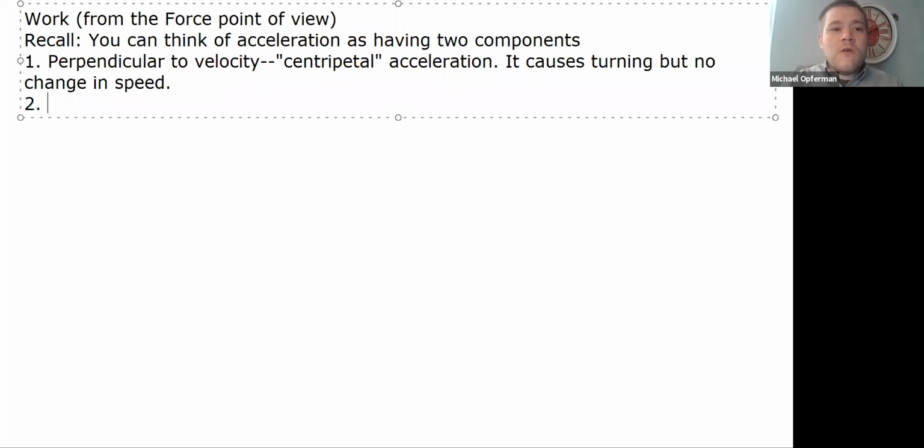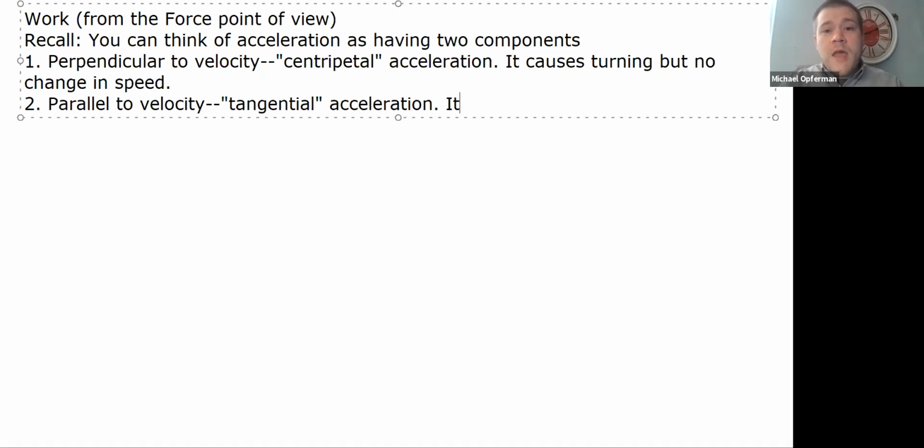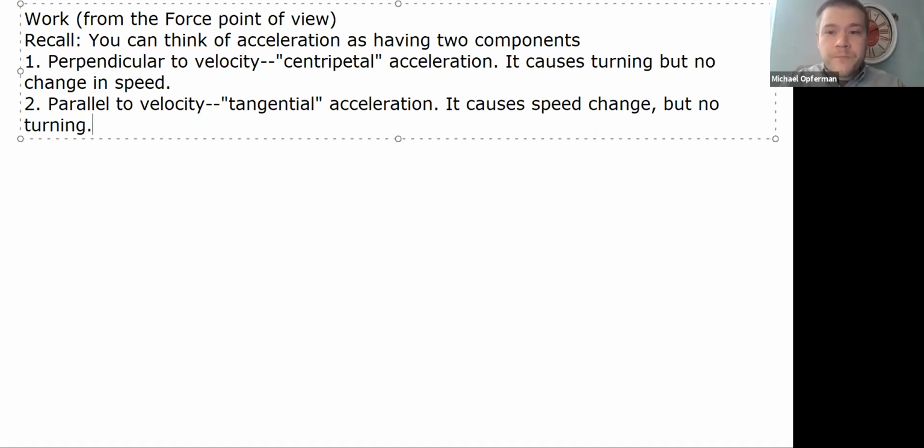And then second, you have one that is parallel or anti-parallel to the velocity, which sometimes we refer to as tangential acceleration in the case of circular motion anyway. And this one causes a speed change, but no turning.